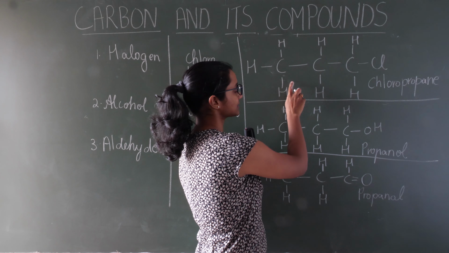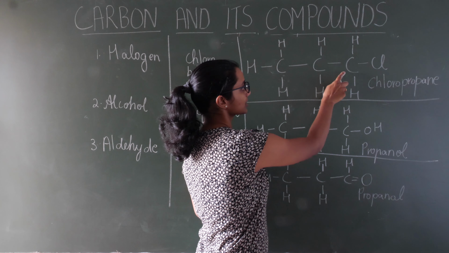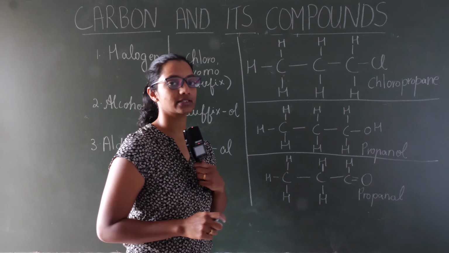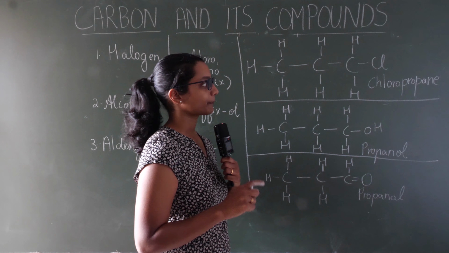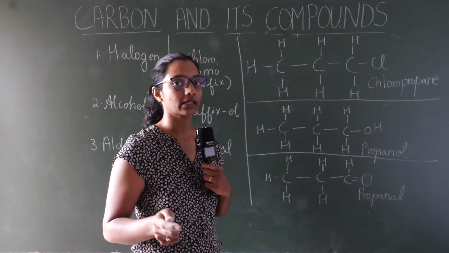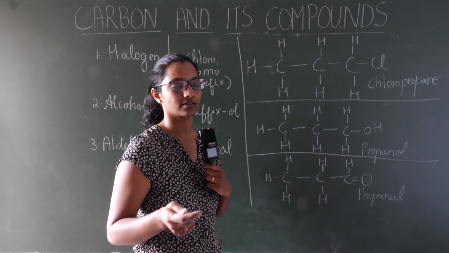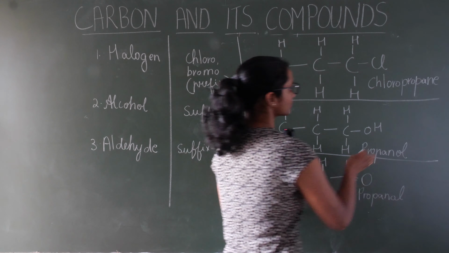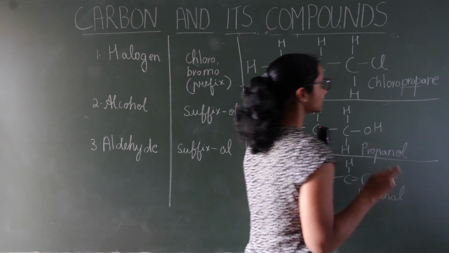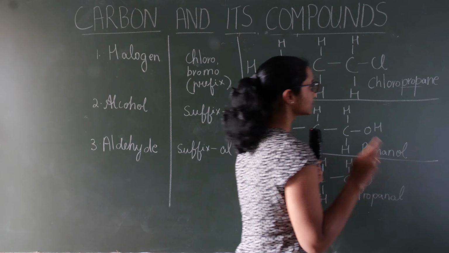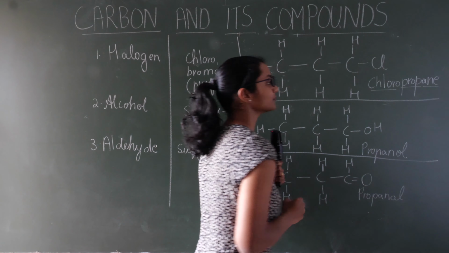So in this example it is 3 carbon atoms, so it is propane, ane, because it is saturated, single bond. So prop, 3 carbon atoms, ane, because it is saturated, single bonds are present, and the prefix is chloro, a functional group.